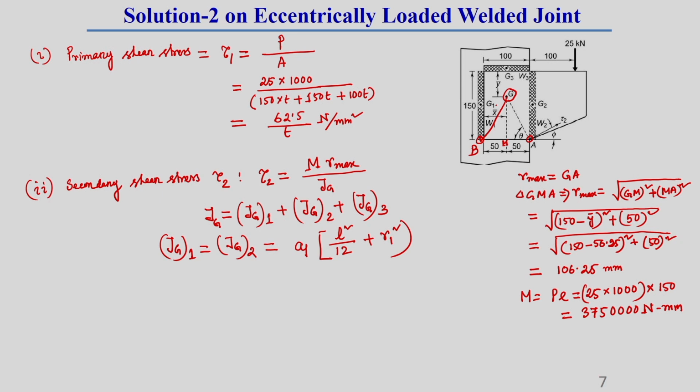R1 square is the distance between this G and G1. In this figure itself you can see this G1 is the CG of weld 1 about its own axis. As this weld is rectangular in nature, its G1 will be midway of this vertical weld length. So, this G1 distance will be 150 by 2, correct.